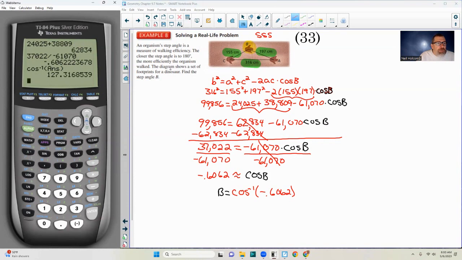It didn't say what to round to, so let's just round to the tenth. So B is approximately 127.3 degrees. Okay, they asked to find the step angle, so the step angle was 127.3 degrees.